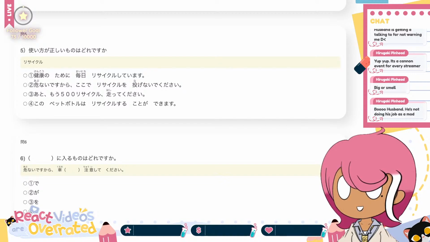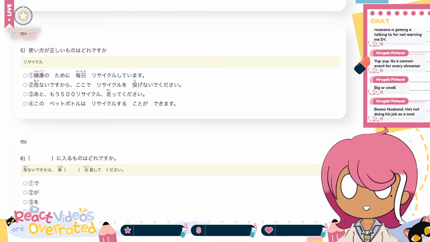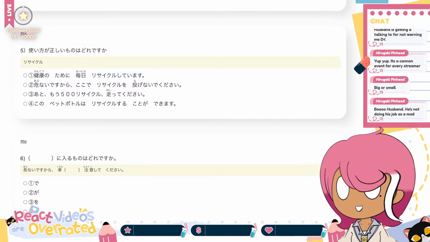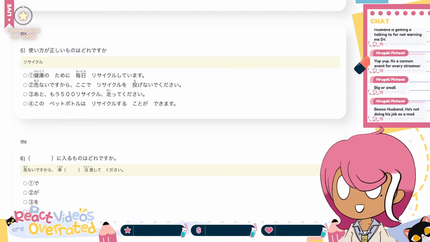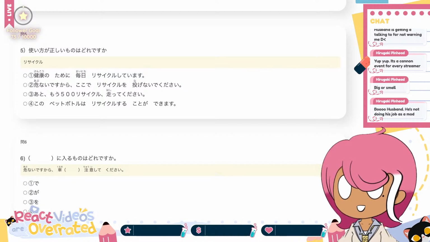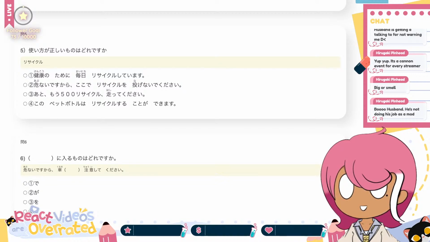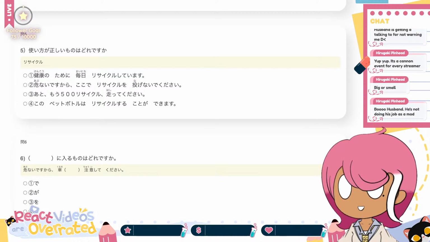Recycling. Recycle. So picking the sentence that uses recycle properly. このために毎日。健康。危ないですから、ここで。No. このペットボトル、this one, pet bottle.